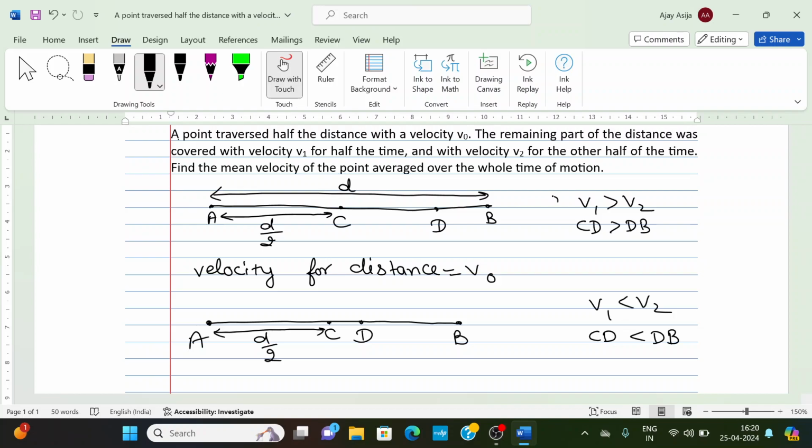So this is the picture for the case v1 greater than v2, and this is the picture when v1 is less than v2. For now, we are considering v1 greater than v2. You can also consider the other case. It will not affect the result, but for our convenience, we are taking this picture for the problem.